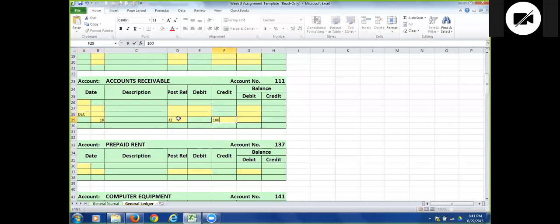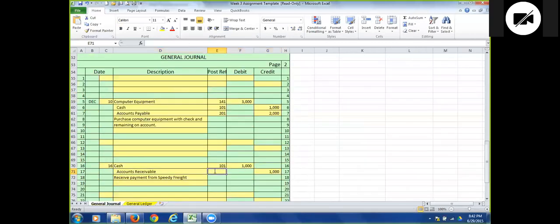J2, 1,000 credits. The balances before that were 5,500. So $5,500 debit minus a 1,000 credit gives you a remaining 4,500 debit. And then the 111 gets put in the post reference.